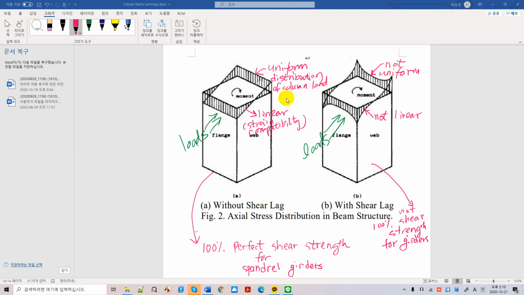We have two ways of achieving 100% shear strength for girders.